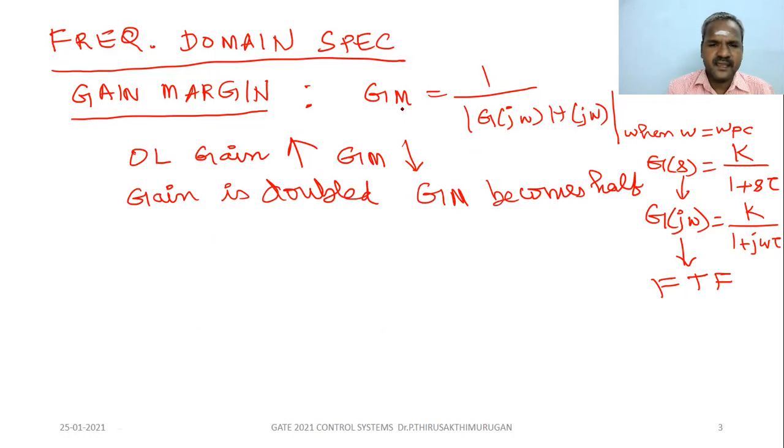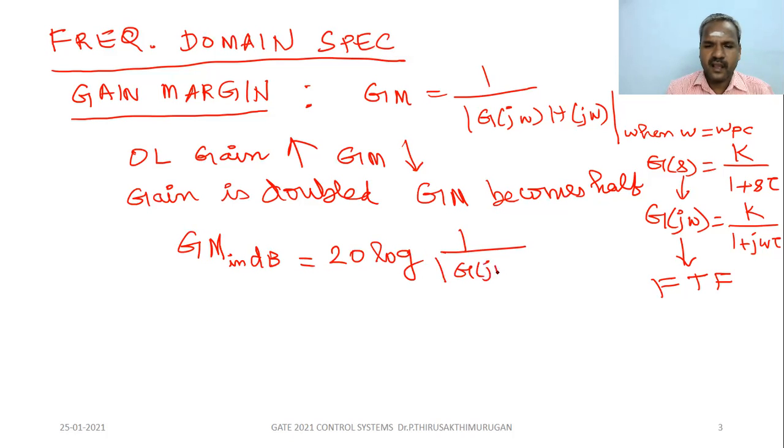Similarly, gain margin in dB is 20 log of 1 by magnitude of G of j omega, H of j omega at the phase crossover frequency.